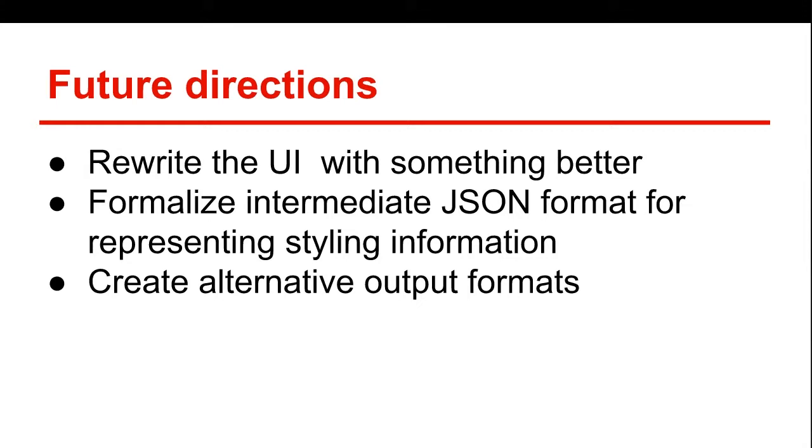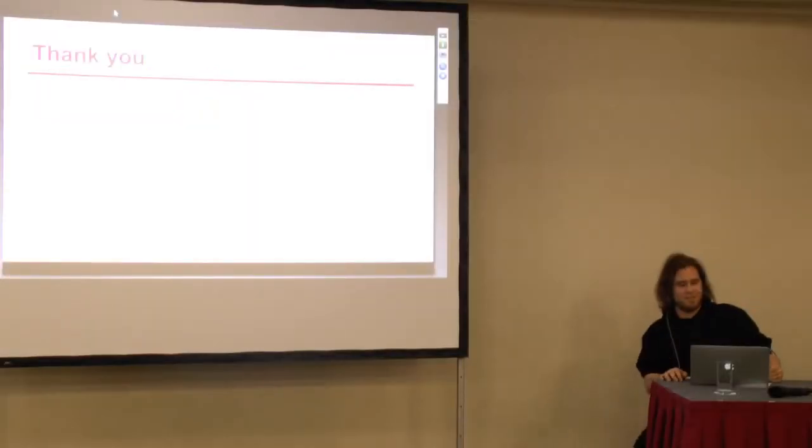You have a GUI tool to define the intermediate styling representation, and then something consumes it. And it doesn't have to be a PDF2 plugin that is generated. It can be something else too, something that Radu will talk about in the next presentation. Thank you.